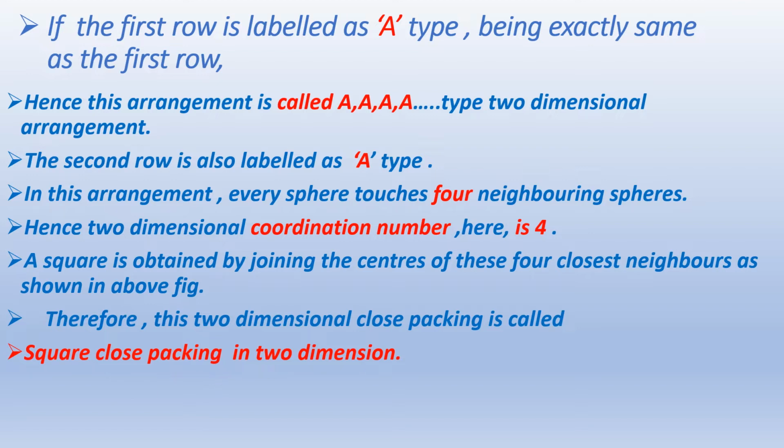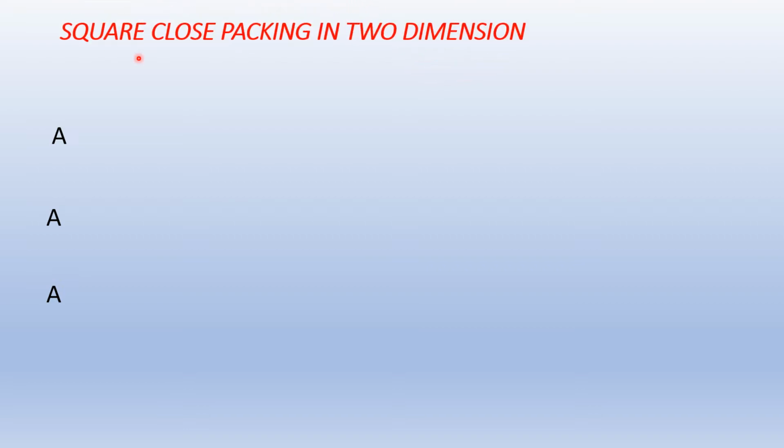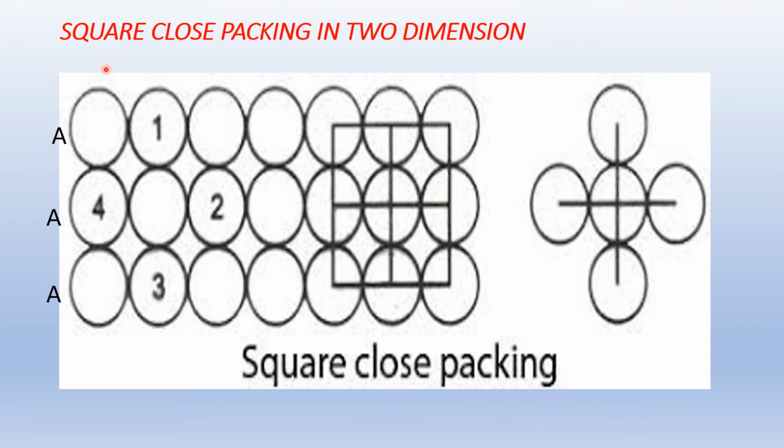Okay, continuing the square close packing. Here, square close packing in two dimensions. That is simple by the figure. You have to simply understand the four coordination number, 1, 2, 3, and 4.